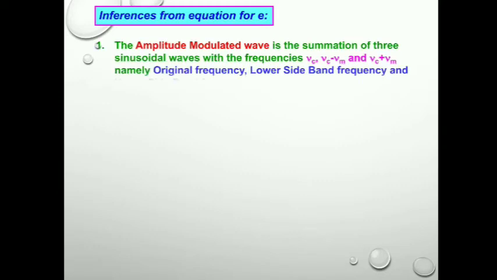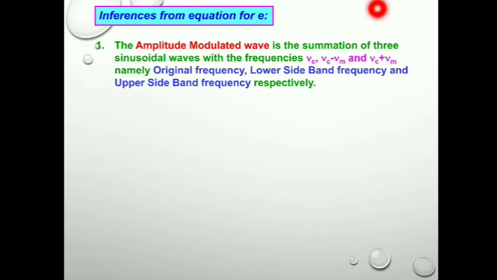Inferences of amplitude modulated wave. See, the first one is that the amplitude modulated wave is the summation of 3 sinusoidal waves with the frequencies, that is nu c. What is nu c? Frequency of the carrier wave.